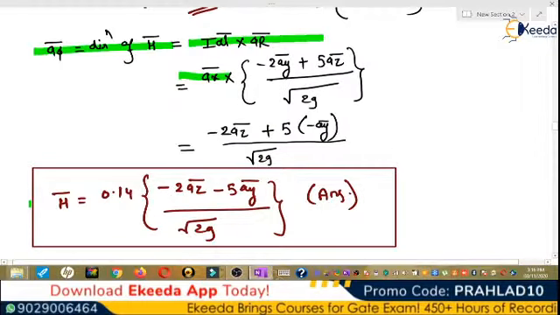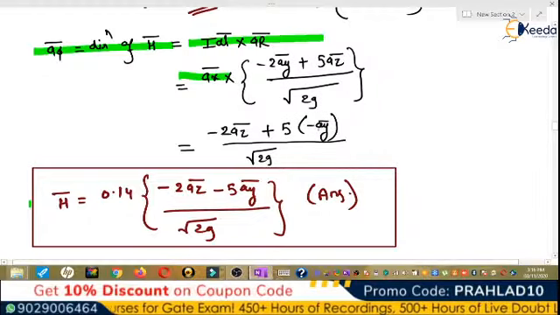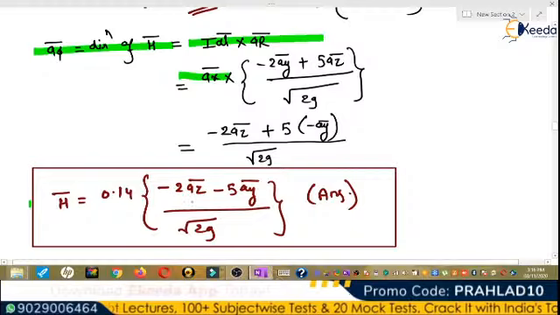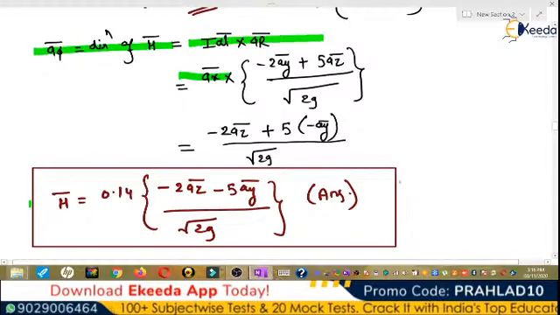So AX cross AY is AZ, so minus 2AZ, plus 5 AX cross AZ, which is minus AY. So 5 into minus AY by root of 29. So the value of magnetic field intensity is 0.14 into (minus 2AZ minus 5AY) by root of 29. So this is our answer.